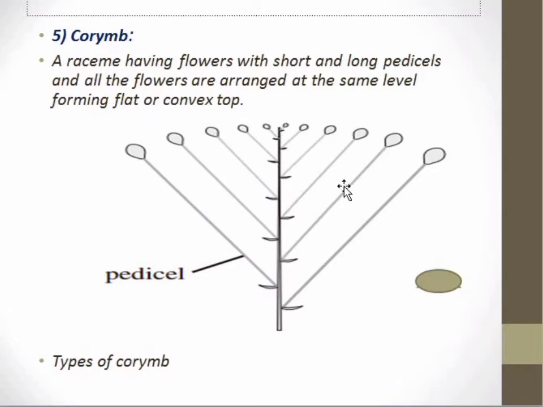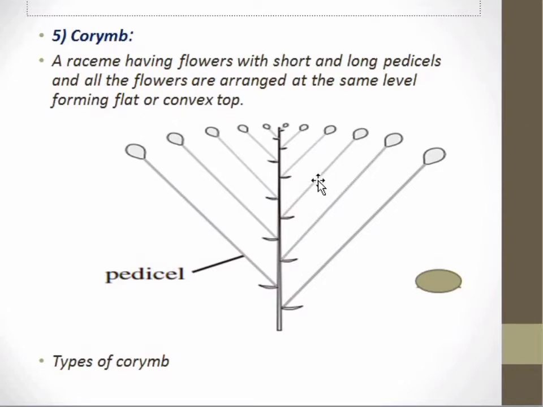But the pedicel of each flower is different from the other on a single side, and also on both sides the pedicel length varies. Look, this is longer than this one, and this one is longer than this one. So the pedicel length varies, and all arise at the same level, forming a convex top or a flat top, parallel to the horizon.